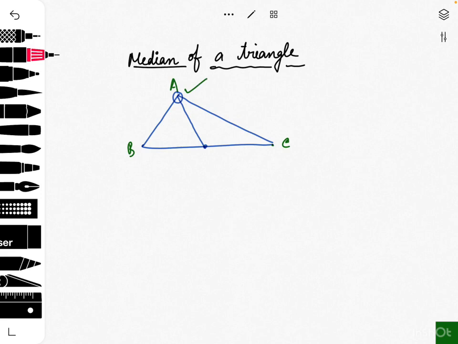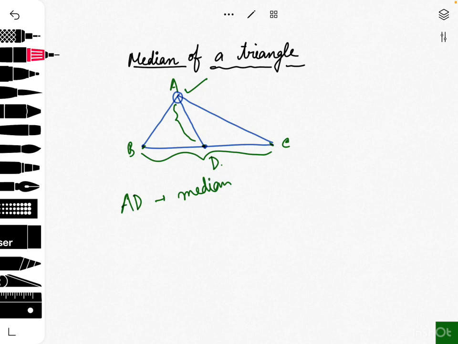From the vertex A, I am drawing one line segment in such a way that it will intersect the opposite side of the vertex A, that is BC, at the point D. So, AD will be the median of the triangle ABC.